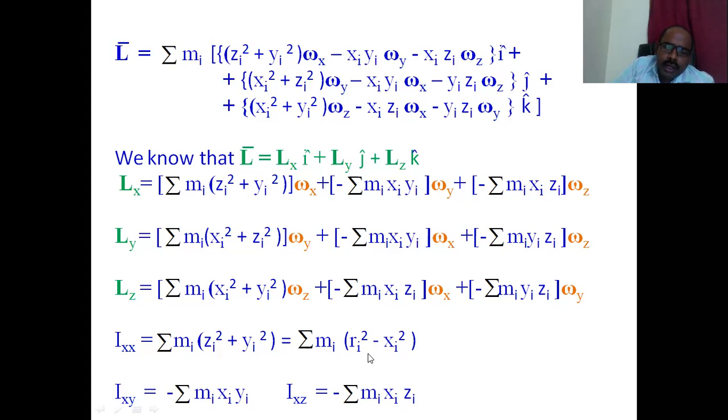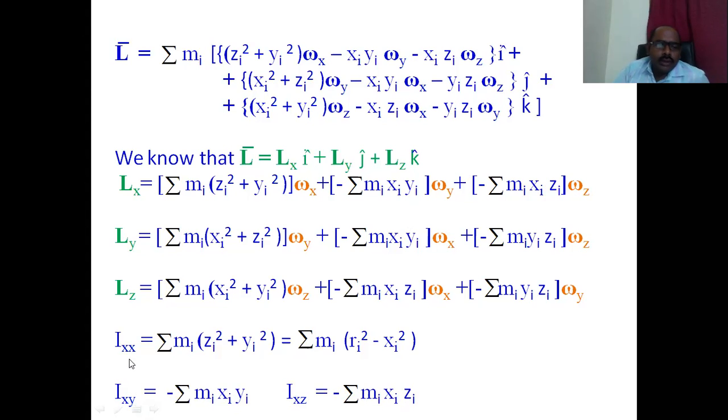Whenever we subtract yi square from ri square, we write that moment of inertia as Iyy. The other moments of inertia are written here: Ixy is equal to minus summation mi times xi yi. Similarly, Ixz is equal to minus summation mi times xi zi.